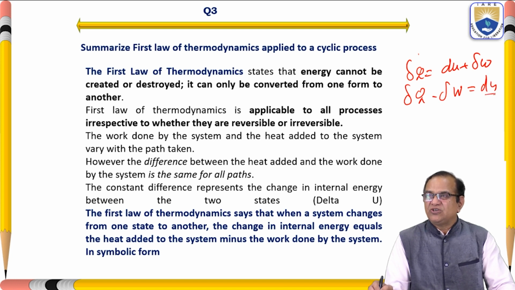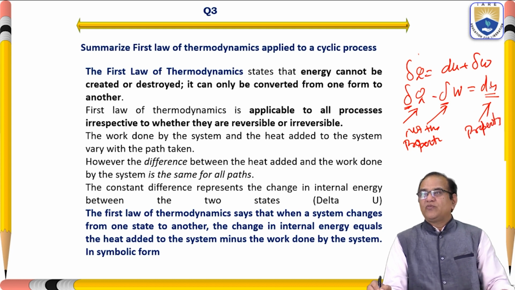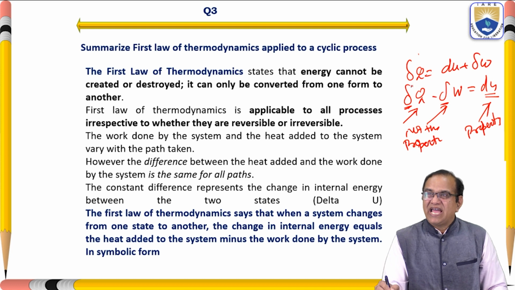Here we are writing dU and here we are writing del. So del Q and del W are not properties, but dU is a property. This is the intrinsic property, so we write the exact differential for it, and the inexact differential for the others.